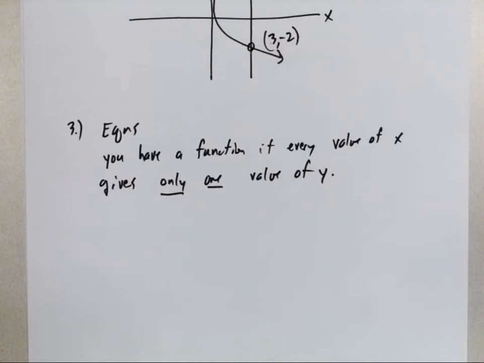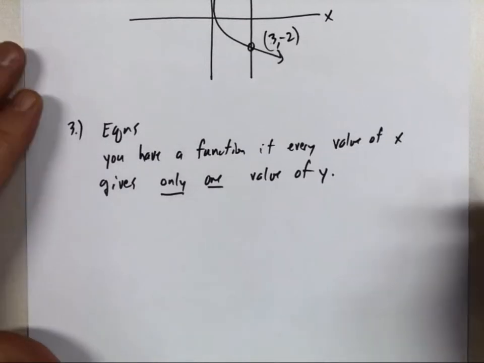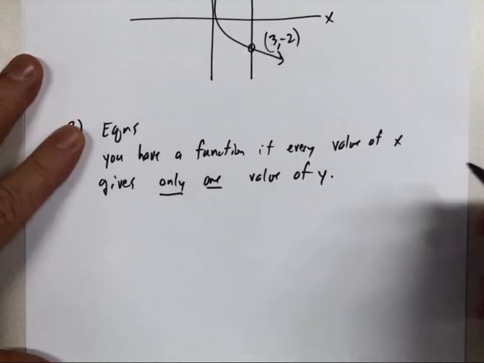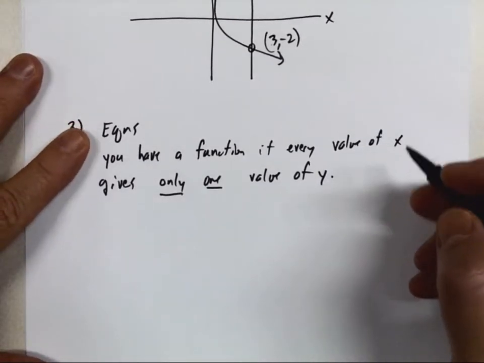Let me tell you now, most equations typically end up being functions. It's sort of rare to have an equation that's not a function. Now here's an example of one. How about this relationship?